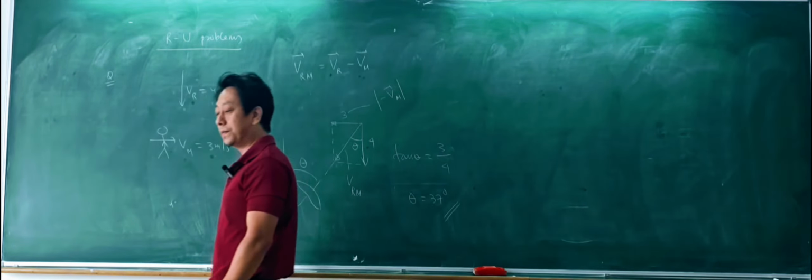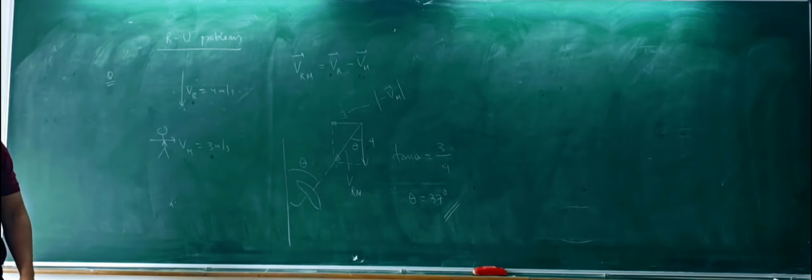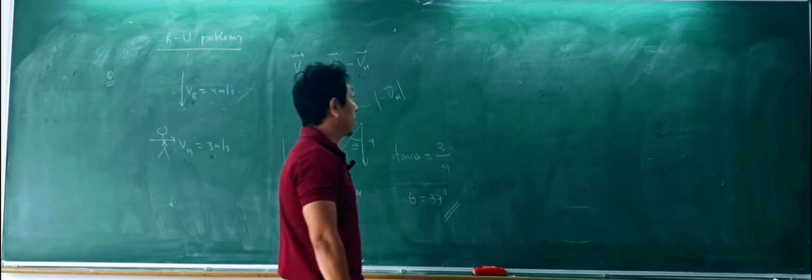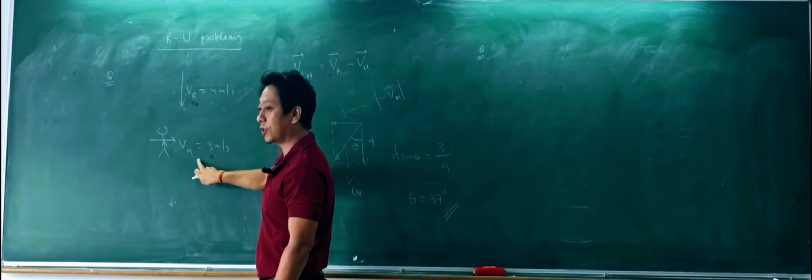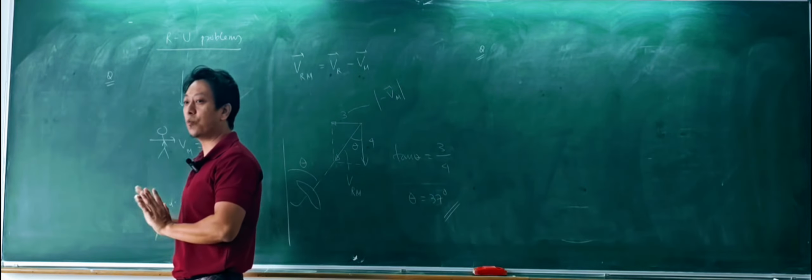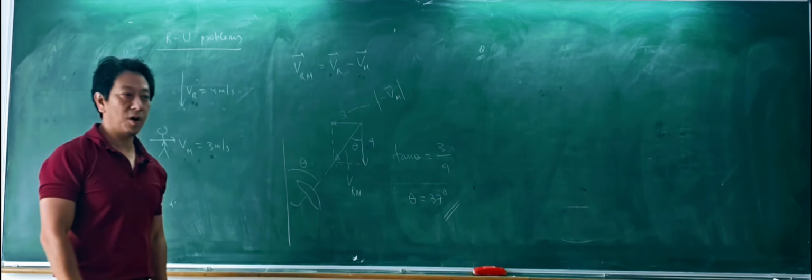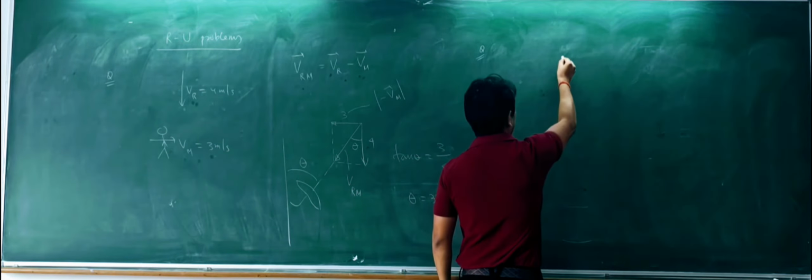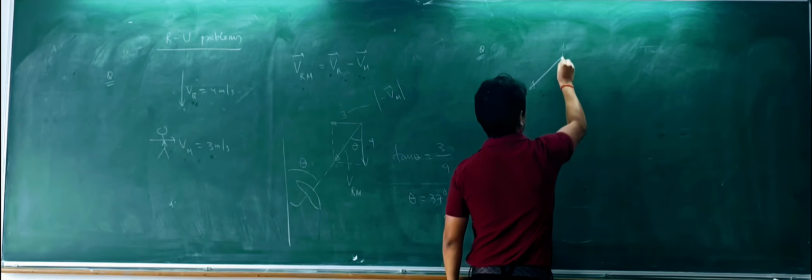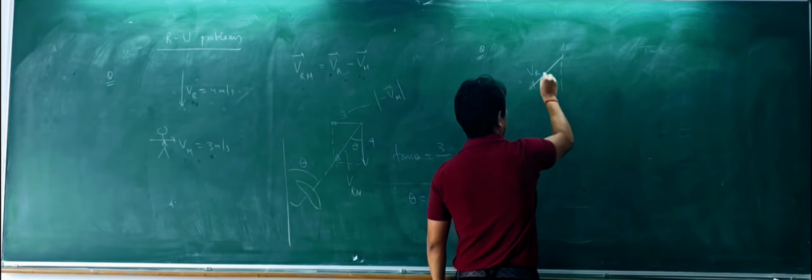Sometimes what will happen, rain will come with respect to, acha, this is velocity with respect to whom? Ground. This is with respect to ground. So here we want relative velocity. So you have to subtract. Sometimes what will happen, rain itself will come at some angle.